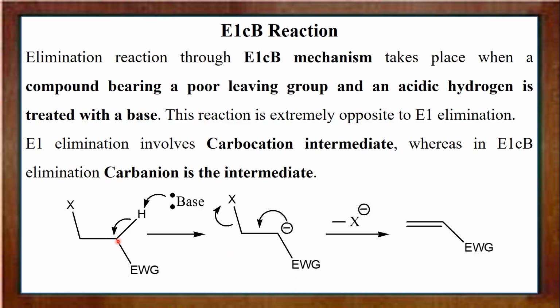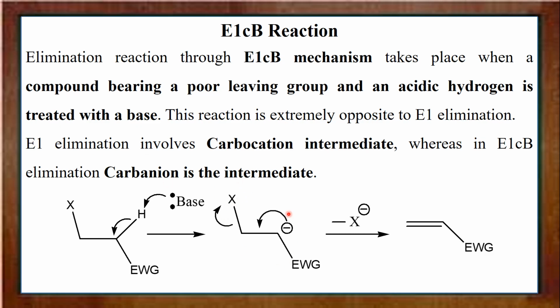So this molecule has an acidic hydrogen. For the beta hydrogen to be acidic, it should have an electron withdrawing group which can stabilize this carbanion. Therefore, for E1CB elimination to take place, there should be a poor leaving group and an acidic beta hydrogen. For the beta hydrogen to be acidic, there should be an electron withdrawing group connected to the beta carbon.